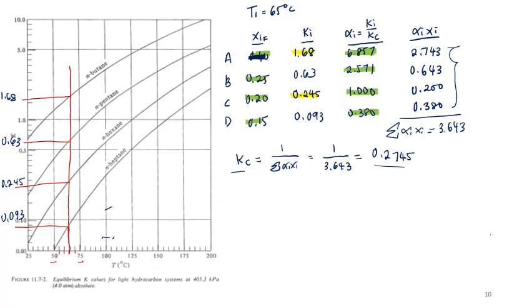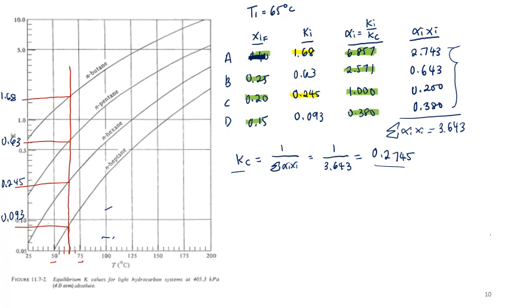So you know that for component C, Kc, you need to find out what is the temperature such that the value of Kc is 0.2745. So component C is hexane, here is 0.245.